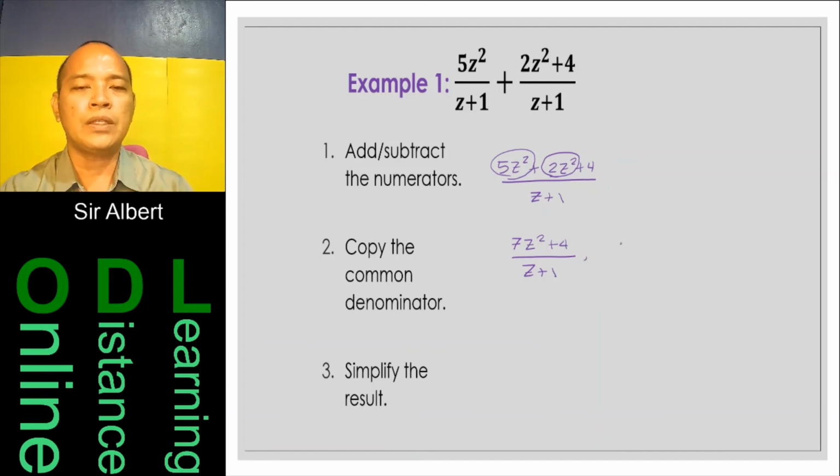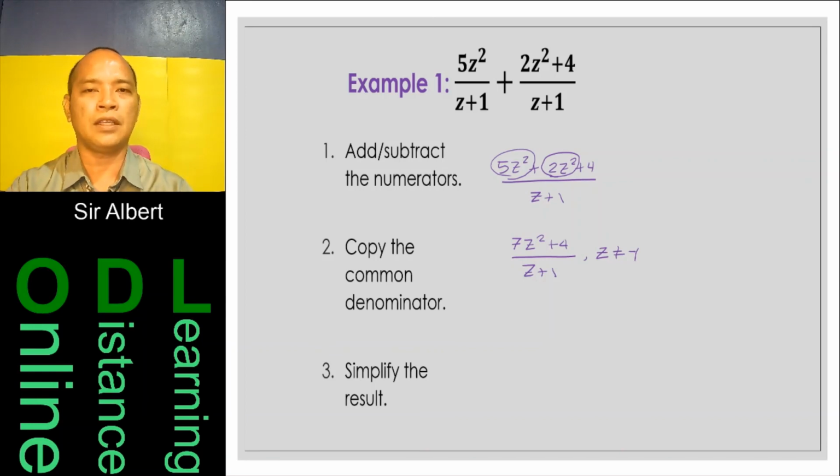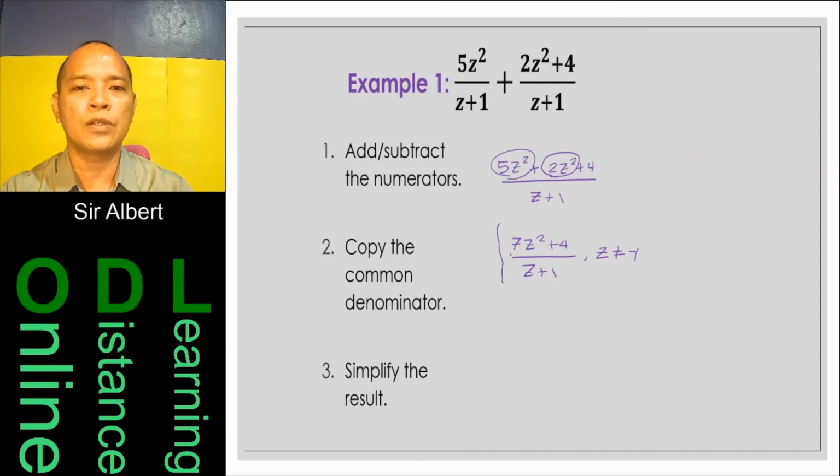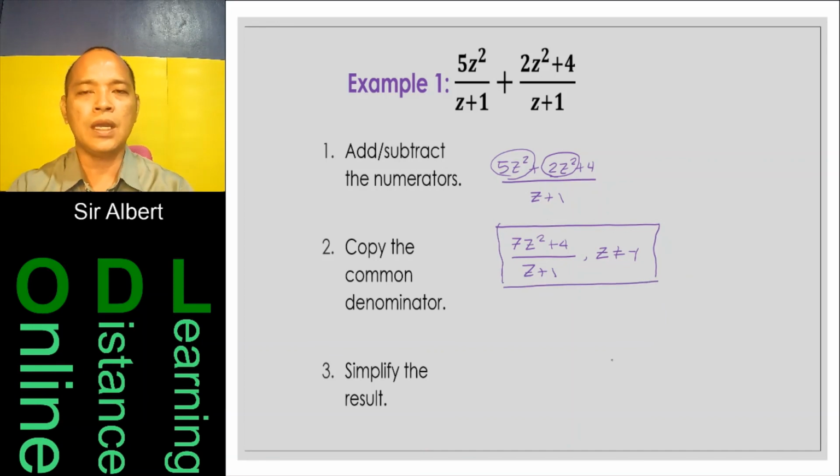We take note that in this expression, z cannot be equal to -1, because if z were equal to -1, then our denominator becomes 0 and we end up with an expression that is undefined. So the final answer is then going to be 7z squared plus 4 all over z plus 1, where z is not equal to -1.